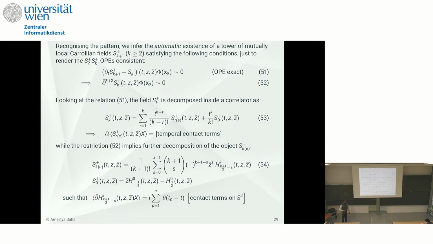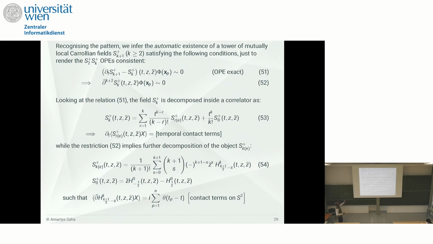So this is giving us the infinite tower of fields just from the demand that our S2 plus OP has to be consistent. Okay, so 51 is the generalization of what we have seen till now, and 52 is telling us that this Sk phi OP is truncating at the (k+1)th order.